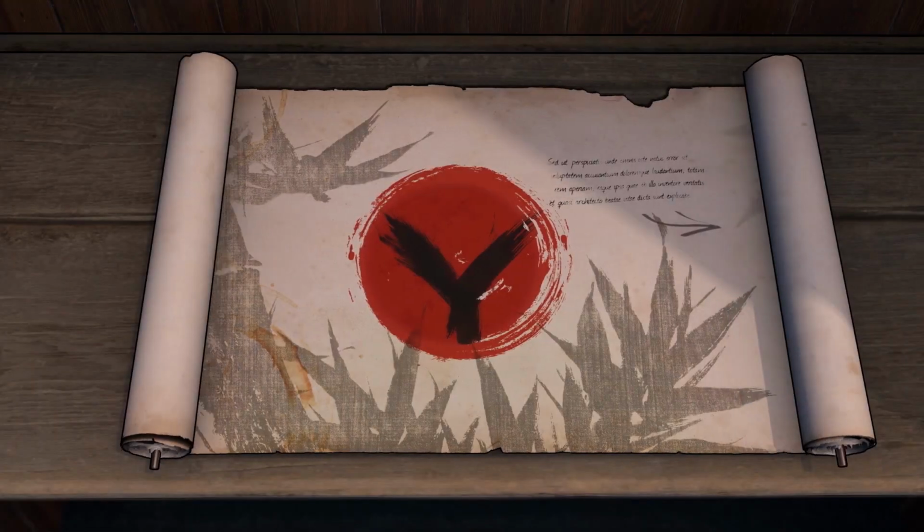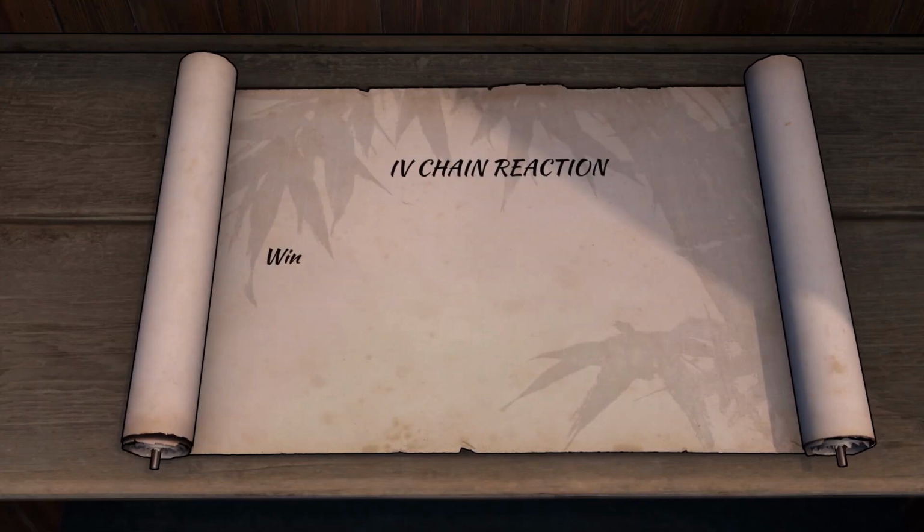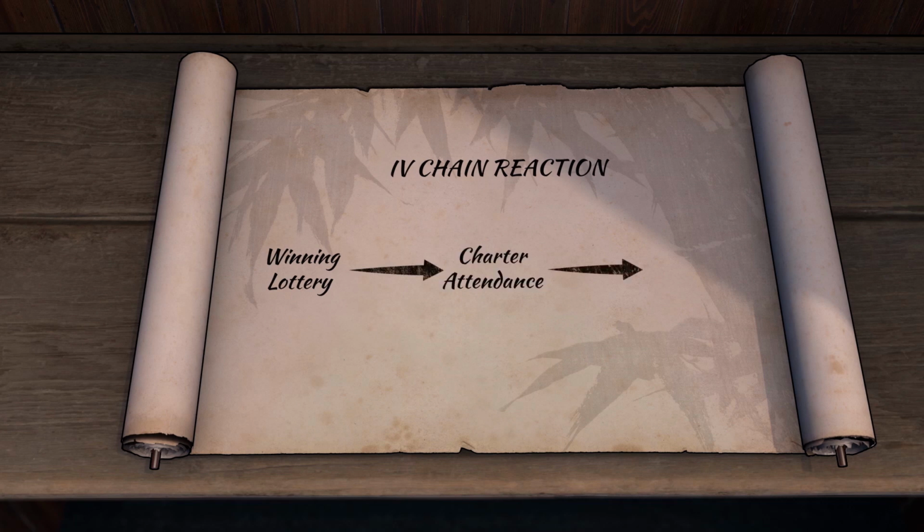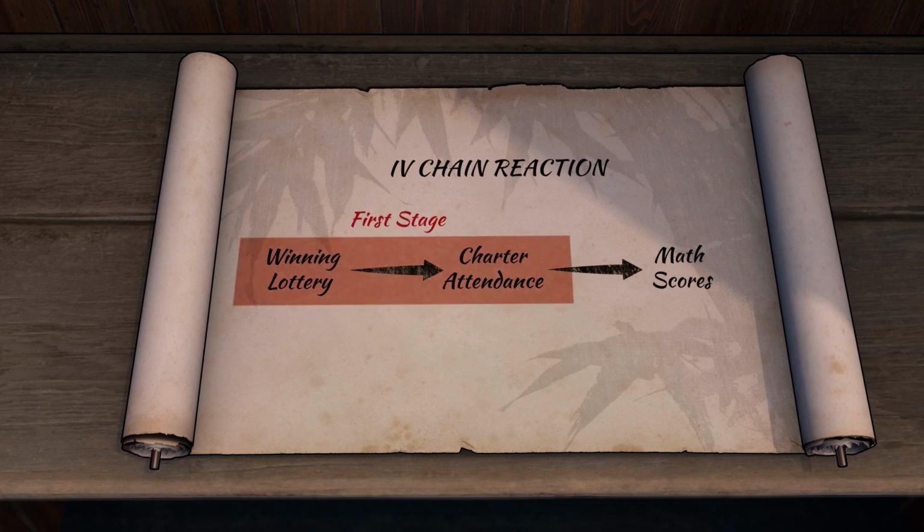I'll use this brief clip from my Marginal Revolution University short course to quickly review the key assumptions behind this conversion. IV describes a chain reaction. Why do offers affect achievement? Probably because they affect charter attendance, and charter attendance improves math scores. The first link in the chain, called the first stage, is the effect of the lottery on charter attendance.